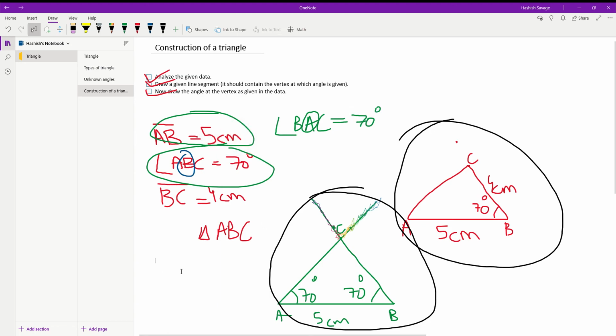So at first I draw a 5 centimeter line segment. I draw AB equals to 5 centimeter.